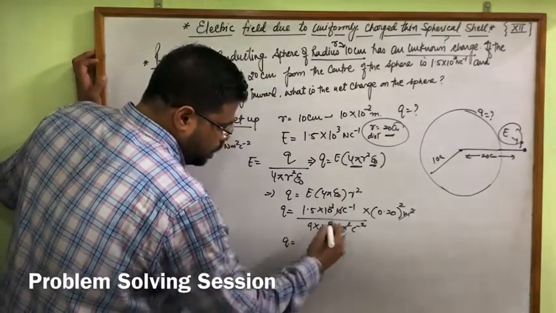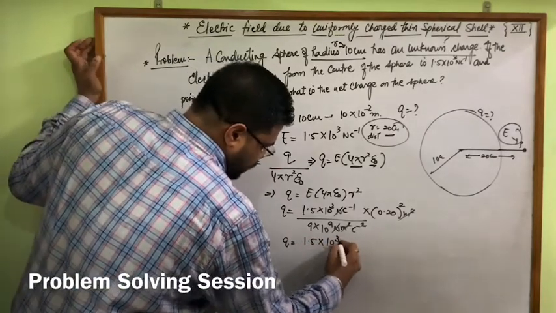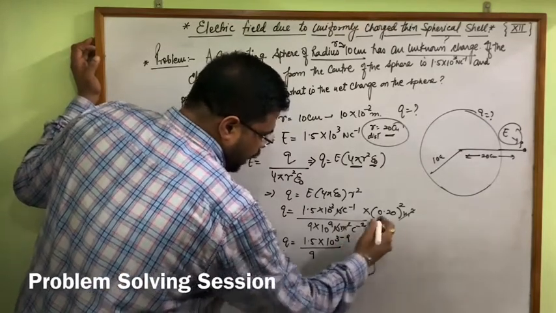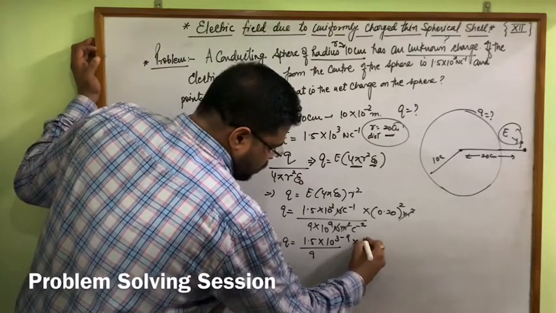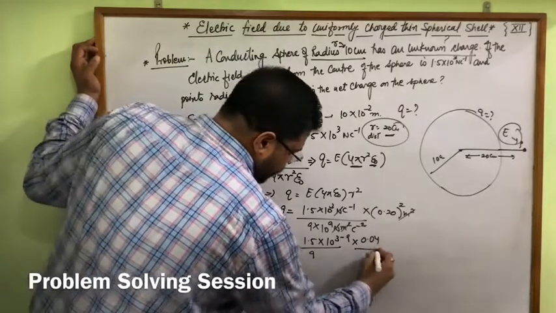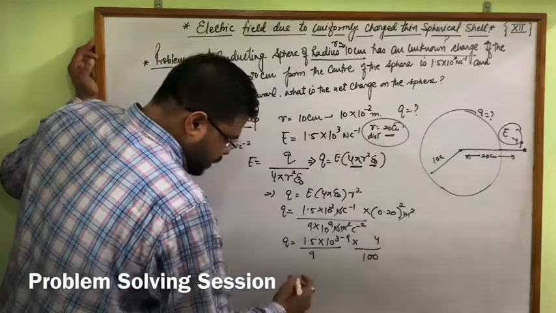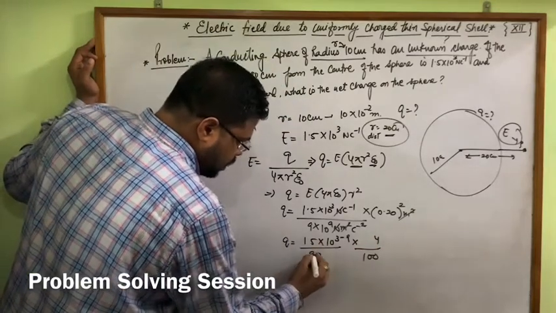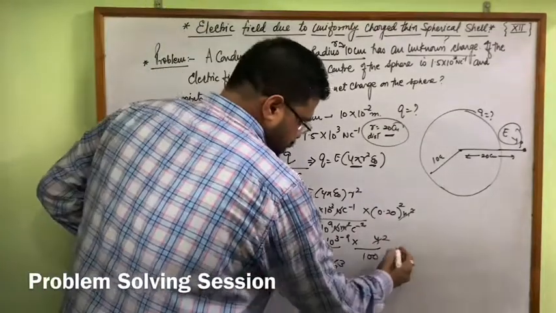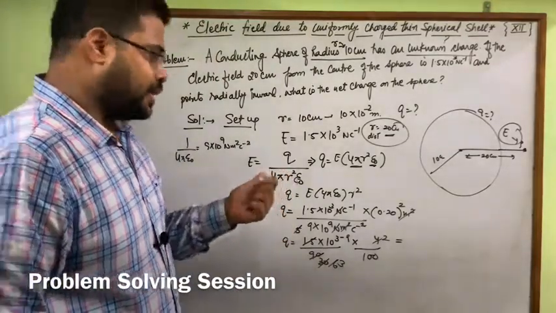So Q equals 1.5 into 10 raised to the power 3 upon 9 into 10 raised to the power 9, times 0.04 after squaring. After simplifying, 2 by 3 is 0.66.